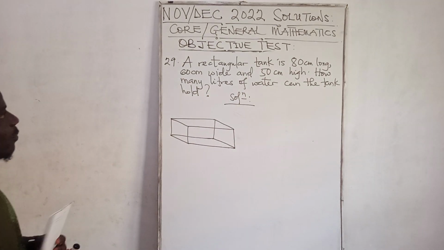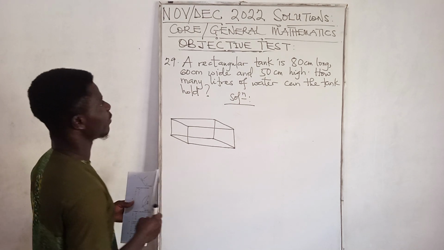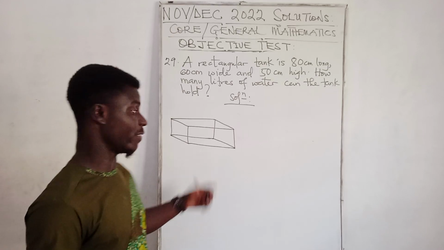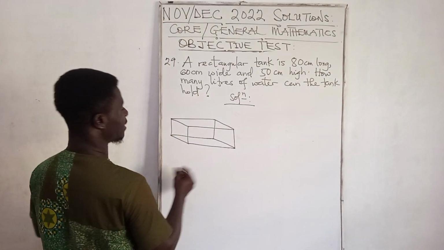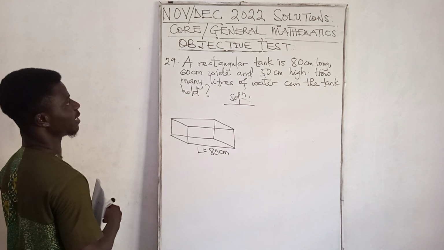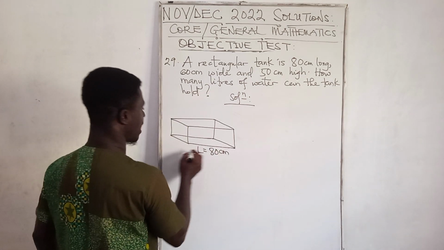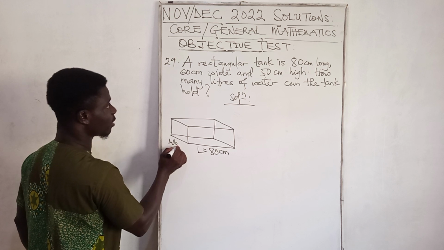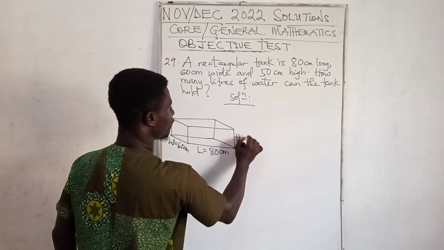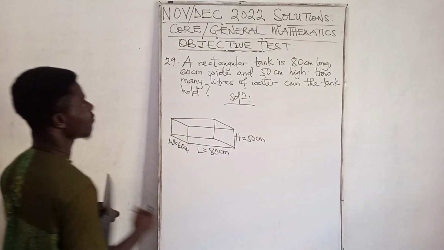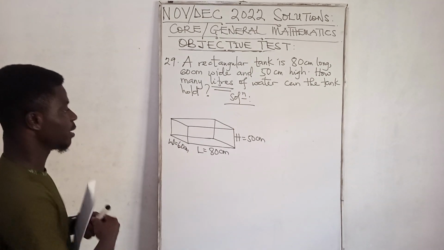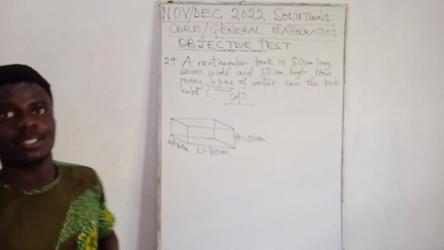So a tank is in the form of a rectangle here. Now they are saying it is 80 centimeters long. So the length is 80 centimeters. Then 60 centimeters wide. So the width is 60 centimeters. Then the height is 50 centimeters high. How many liters of water? They said we should leave our answer in liters. But they gave our units in what?